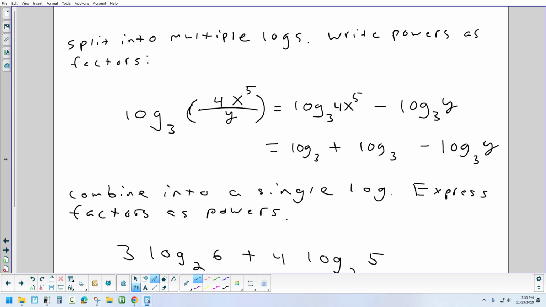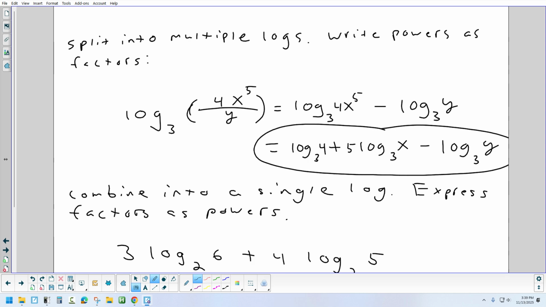What would be my first log? Log base 3 of 4. Plus, what would be my second log? Just make sure we follow what the directions are asking. Yep, 5 log base 3 of x. So that's how you take a single log and split it into multiple logs.